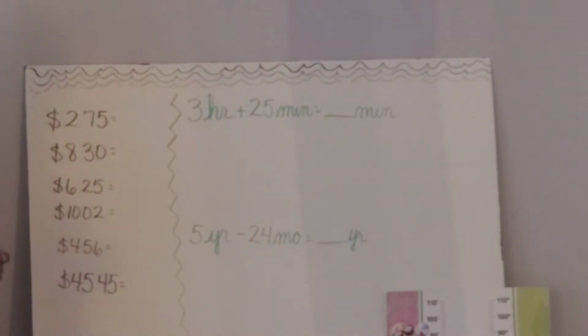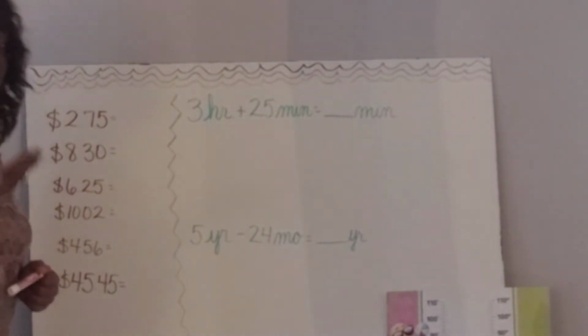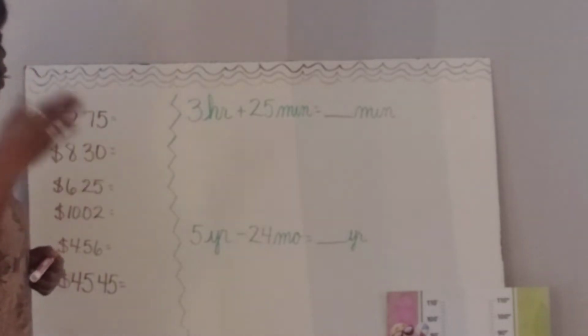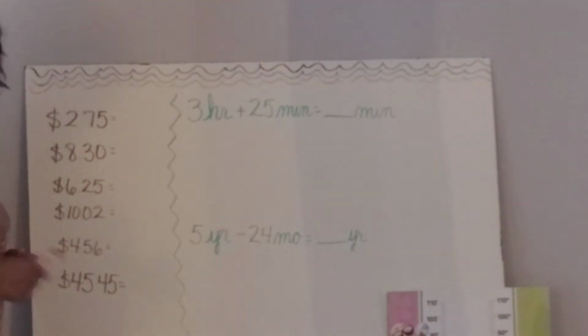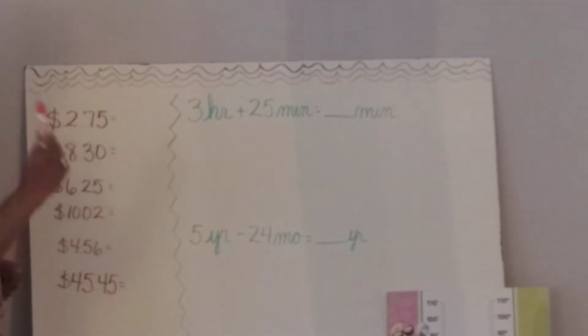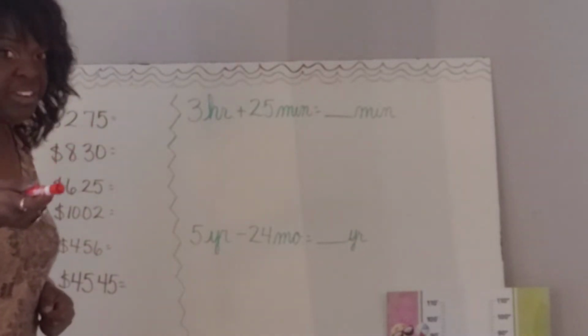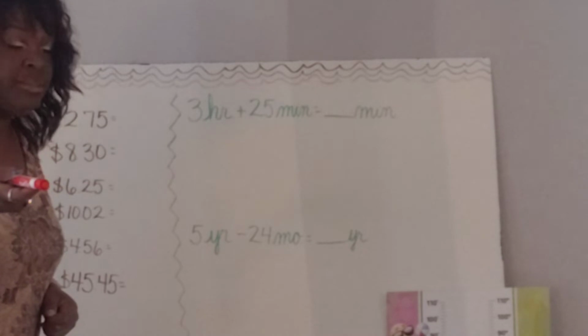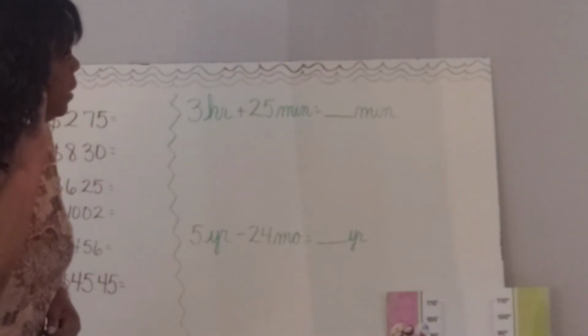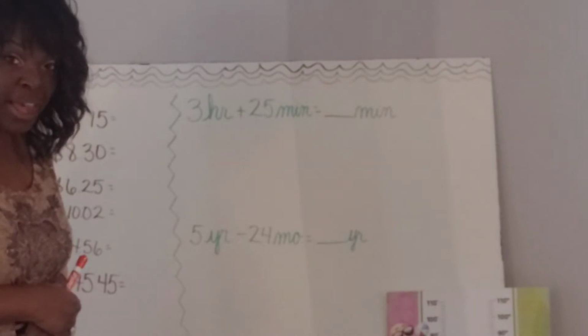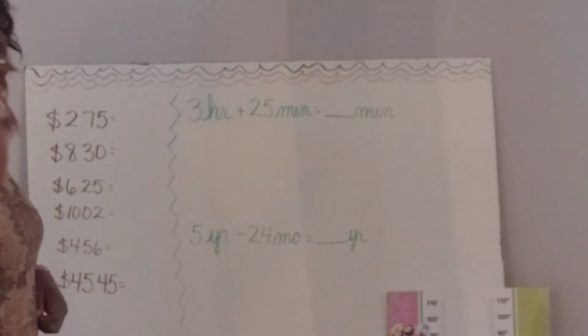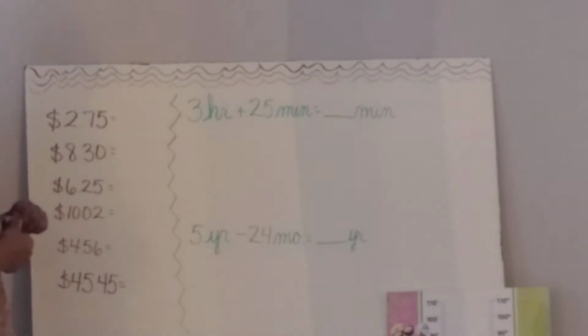So we look at $2.75. Whenever we are rounding our money, what are we supposed to look at? We're supposed to look at, very good, our cent side. Okay, we have to look at our cent side.